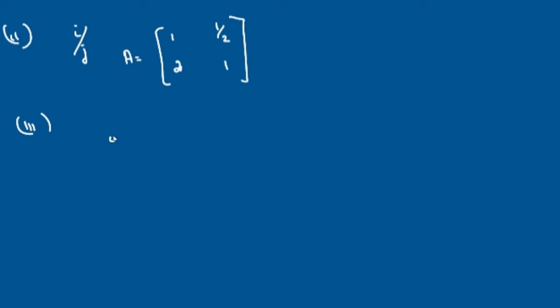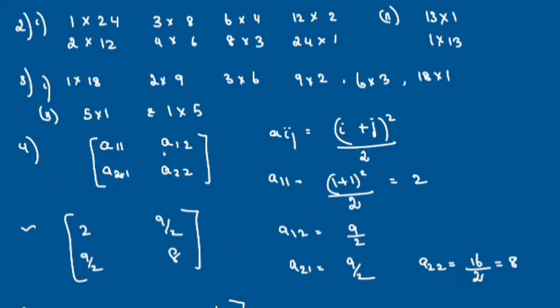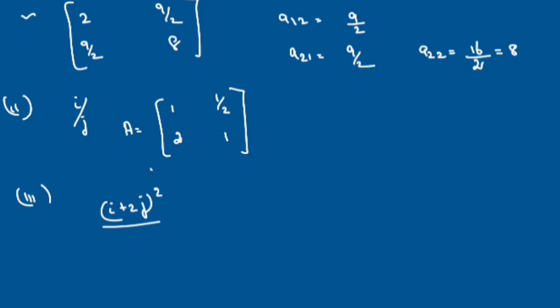Next, (i plus 2j) the whole square by 2. So what is A11? 1 plus 2, 1 plus 2 the whole square by 2. A12, 2 into 2, 4 plus 1, 5 square by 2. Okay.